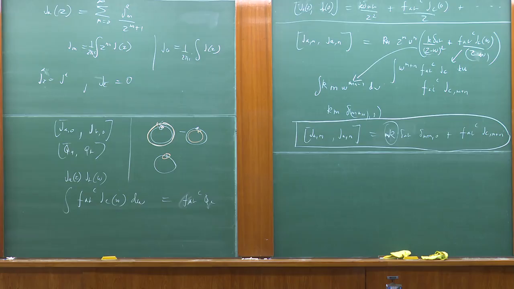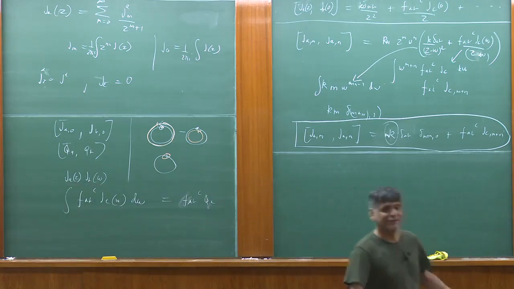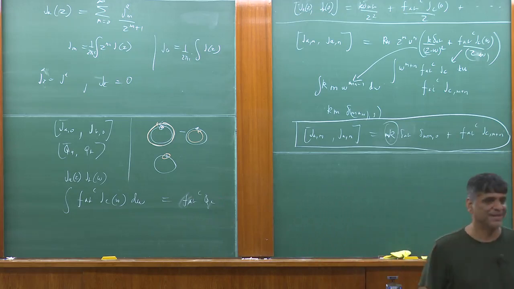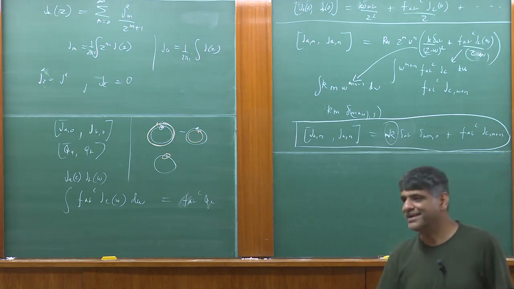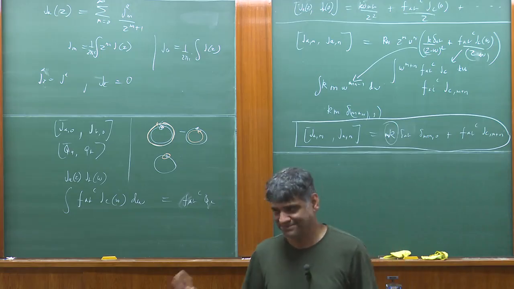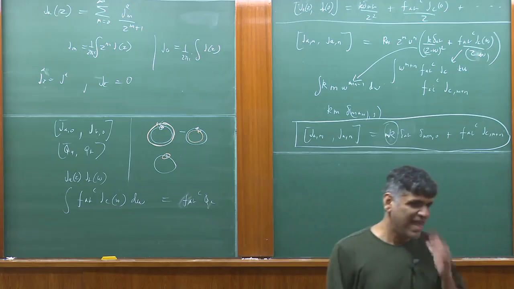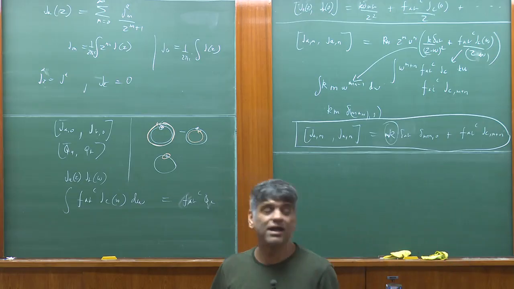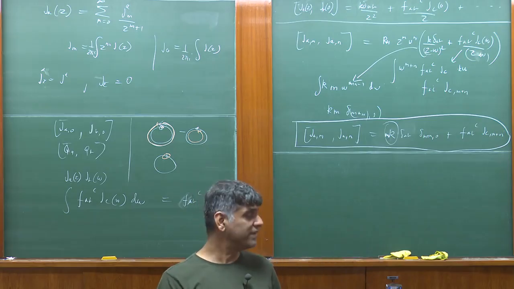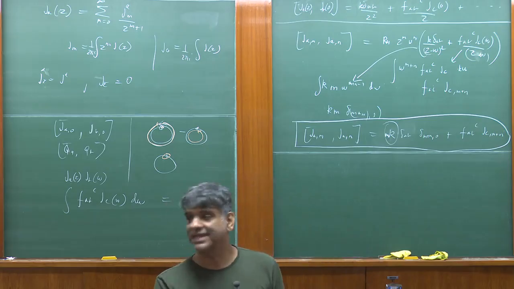Witten started his discussion by asking, can I make conformal field theories of bosonic fields with SU(N) symmetry? Actually, it's very easy to make conformal field theories of fermionic fields with SU(N) symmetry.